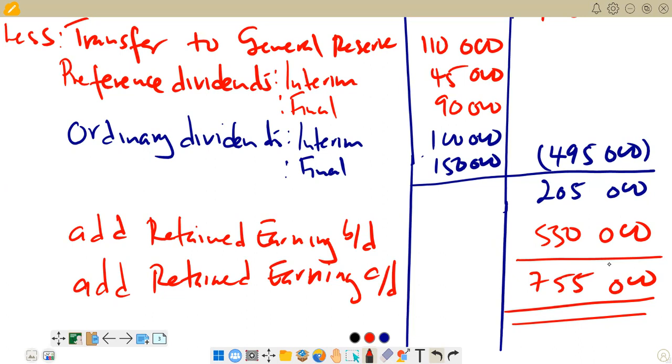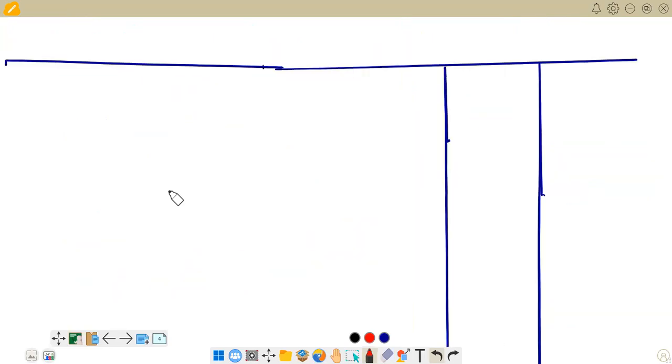But remember, we also have a balance sheet extract in the second part. So this is our balance sheet extract that we want to prepare. So we can have our heading here. Remember, the heading is also very important, take note of that. On the heading, we are supposed to include the name of what you are preparing, when the year is ending, and who you are preparing it for.